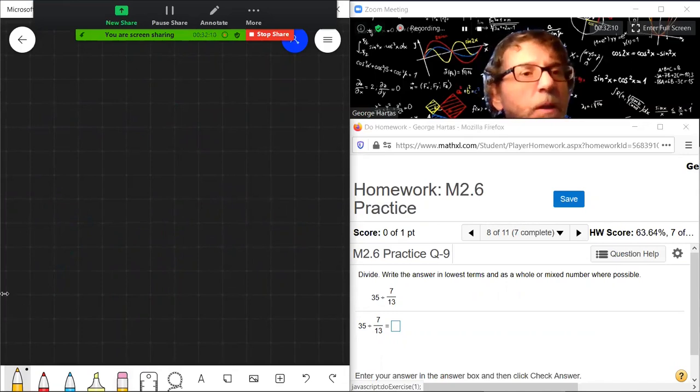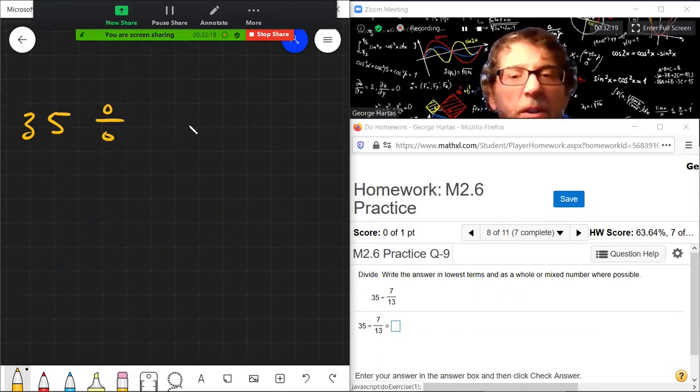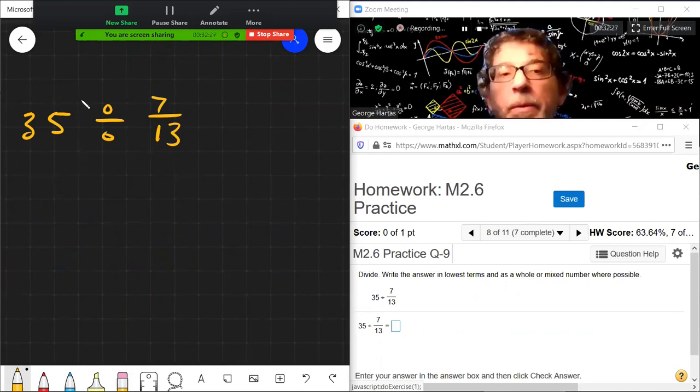All right. So now we have this strange looking number. Are we going to let that stop us? No, we're not going to let that stop us. This is a whole number. And remember, a lot of times it helps to write a whole number into a fraction.